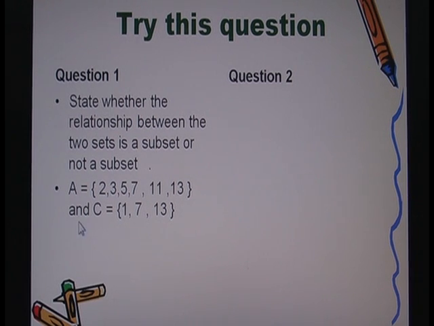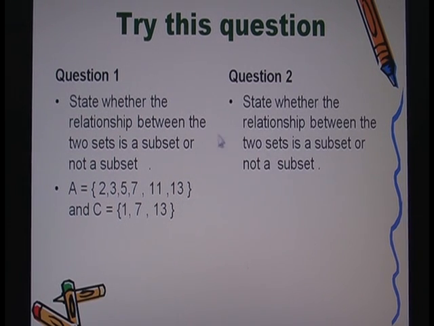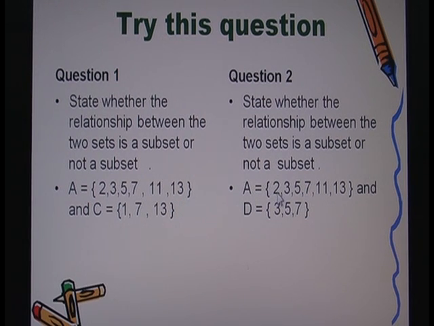Now question number 2. State whether the relationship between the two sets is a subset or not a subset. And here it is. A is equal to 2, 3, 5, 7, 11, 13, and set D is equal to 3, 5, and 7. So pause your video now and try these questions.